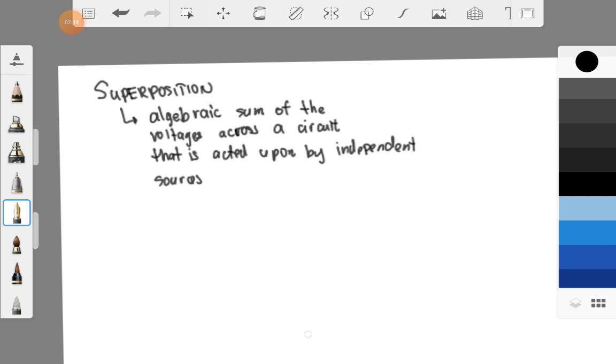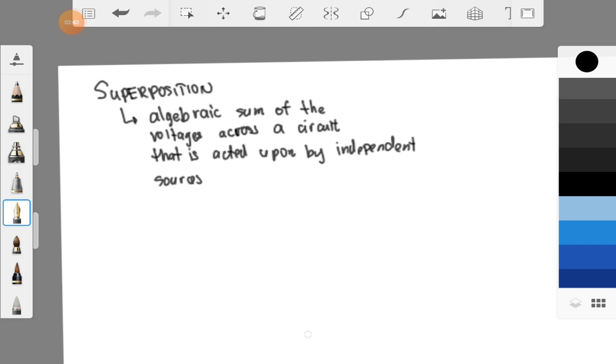So after that, you will solve for their impact to the current that is in the circuit. So pag kinuha mo yung current nun, so isa-isahin mo siya. So if there are 5 sources, independent voltage or current sources, therefore there will be 5 circuit analysis, because you will analyze the circuit with each source.